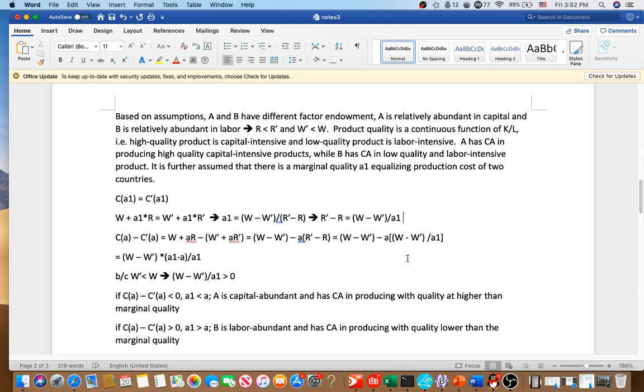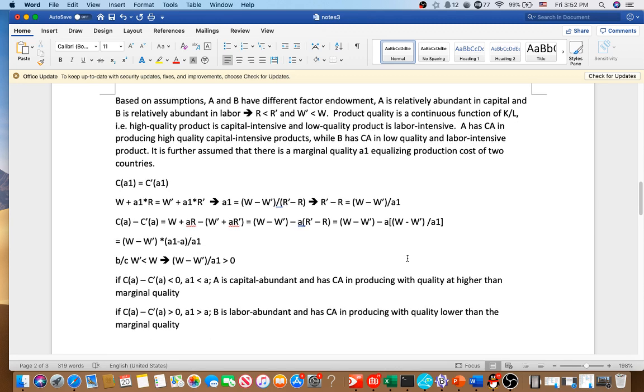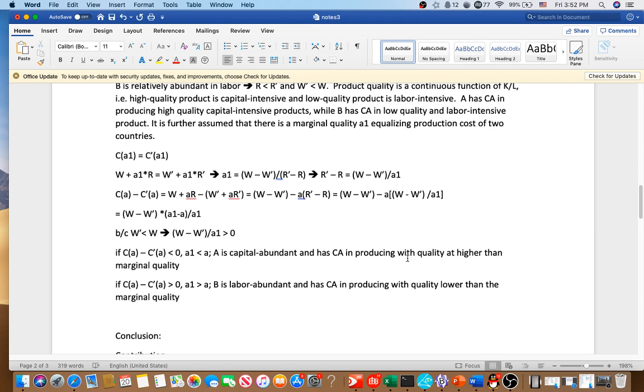And if the cost difference is greater than 0, you can infer that A1 is greater than A, and country B is labor abundant and has a comparative advantage in producing goods with quality lower than the marginal quality.